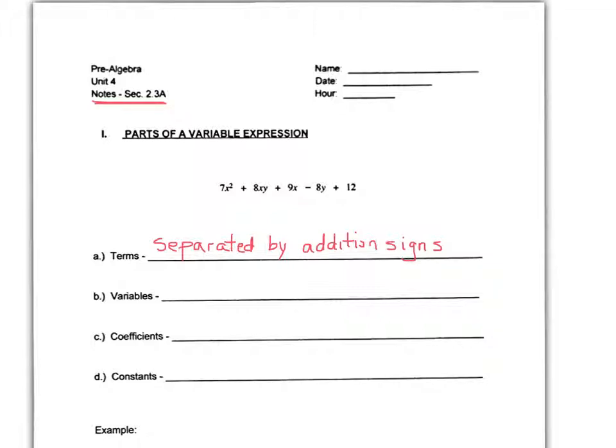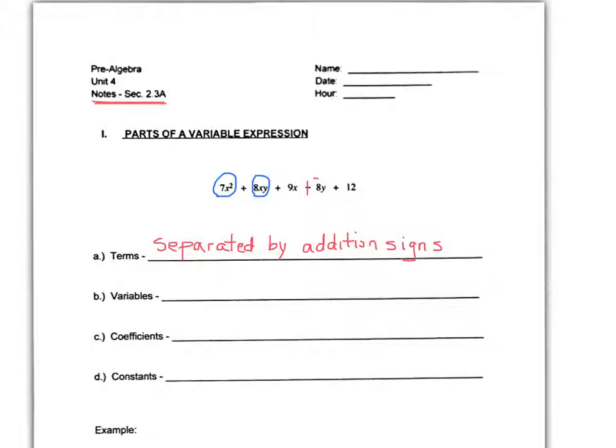That tells you that you need addition signs, and if I look closely I see I have subtraction, so I need to make a double sign change where there is a subtraction. Right here I'll make a double sign change. And now I have several terms, and I'm going to circle them. Here's a term, and it's separated from the other term. There's a plus sign in between them.